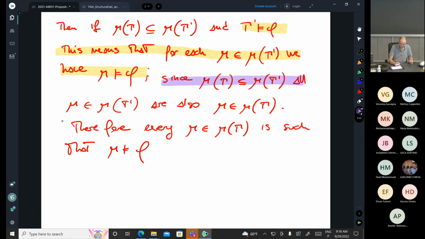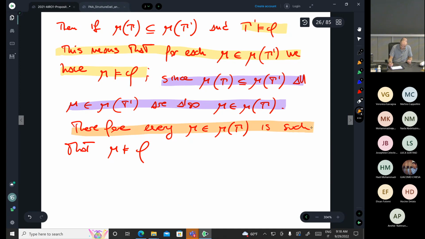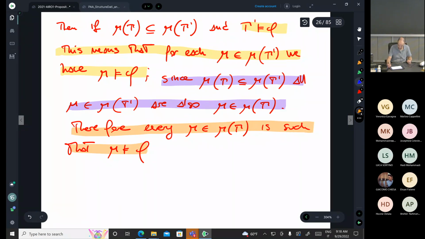All the assignments that are in mu of gamma are also in mu of gamma prime. Easy. Mu of gamma is a subset, okay? So all of them are here. And therefore, phi follows from gamma.